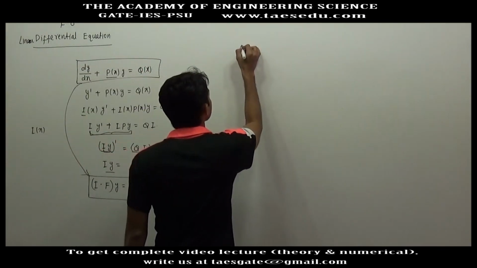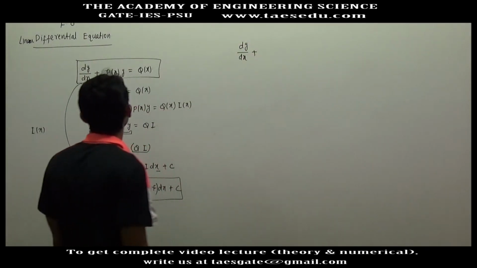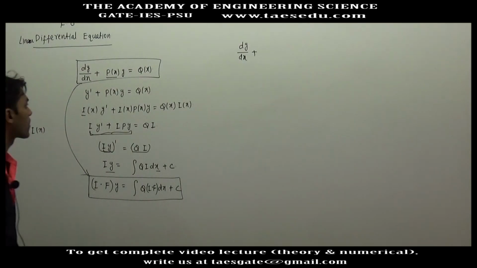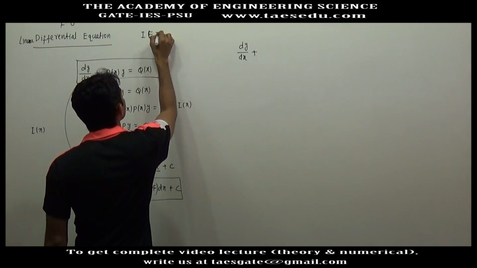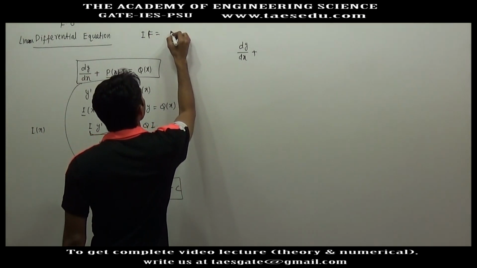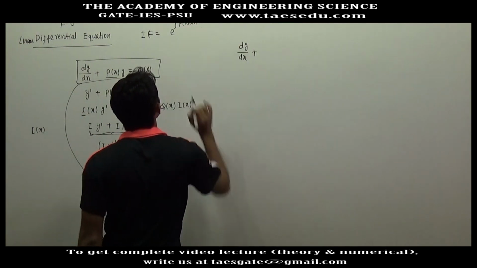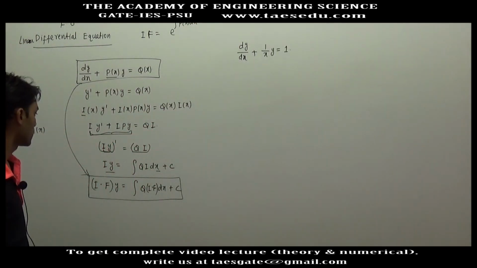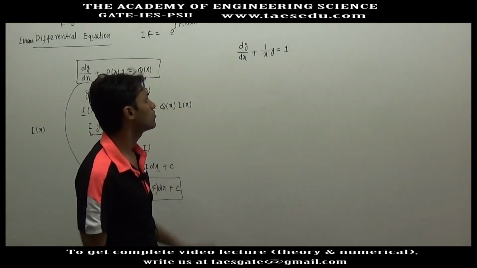dy by dx plus y by x equal to 1. The integrating factor is e to power integration p(x) dx, where p(x) is equal to 1 by x and q(x) equal to 1.